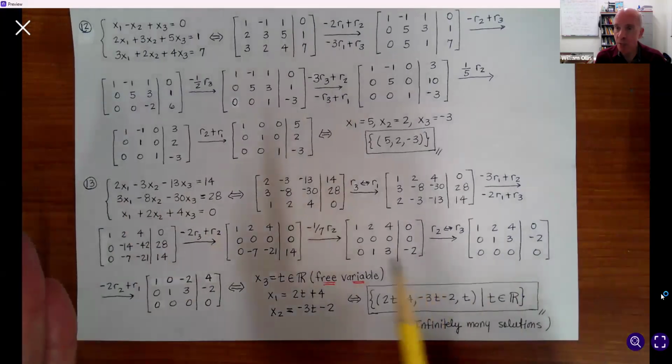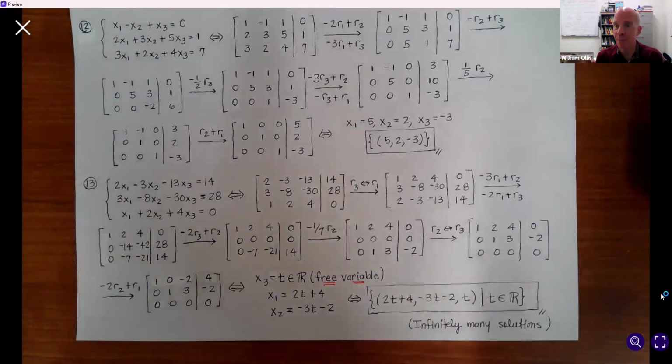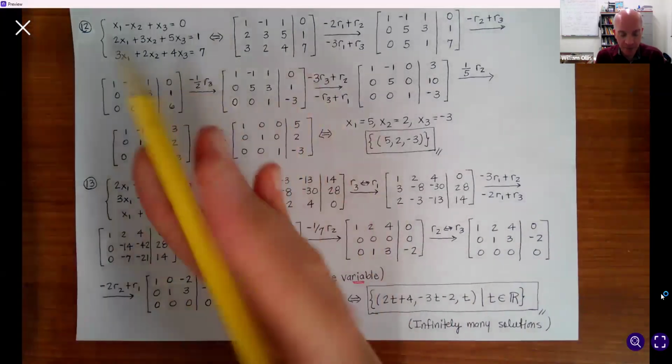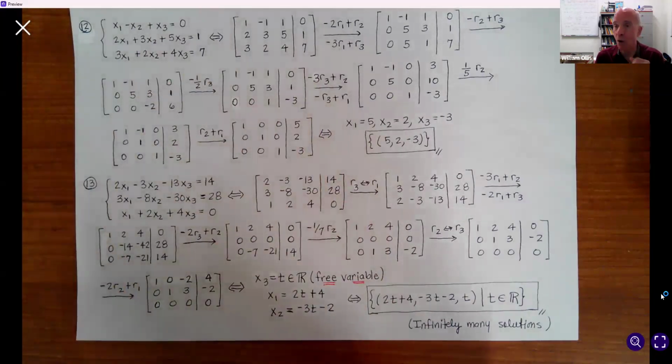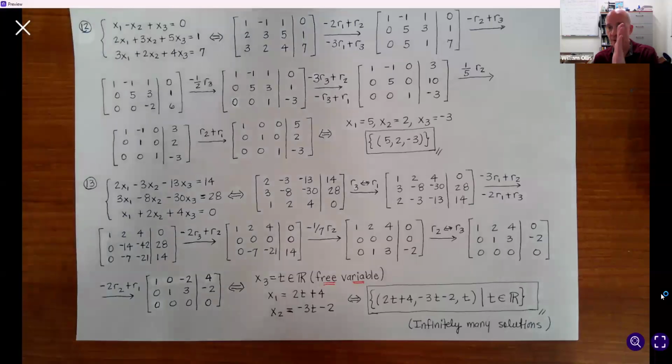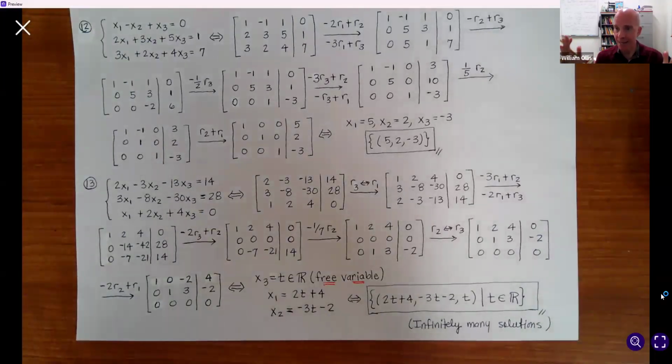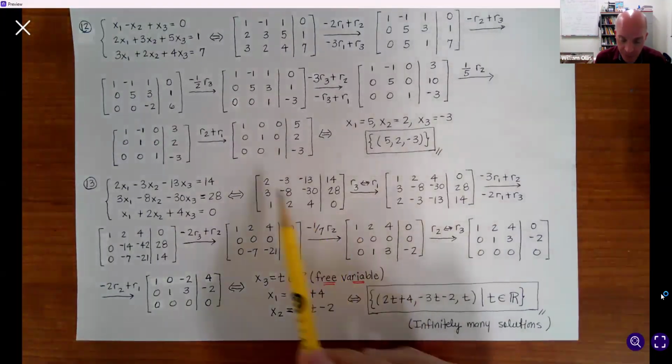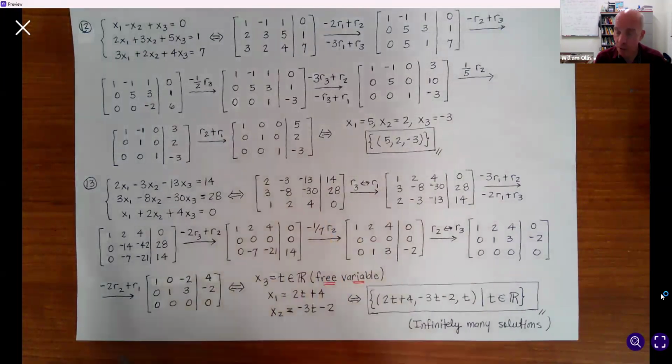So the first thing we do is make the augmented matrix. Again, these equations are all in standard form. We have our variables on one side and our constants on the right-hand side. So that's the standard form to move all of the coefficients into the augmented matrix, which you see we've done here.